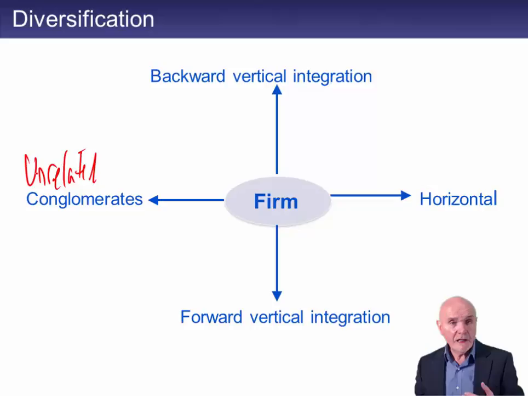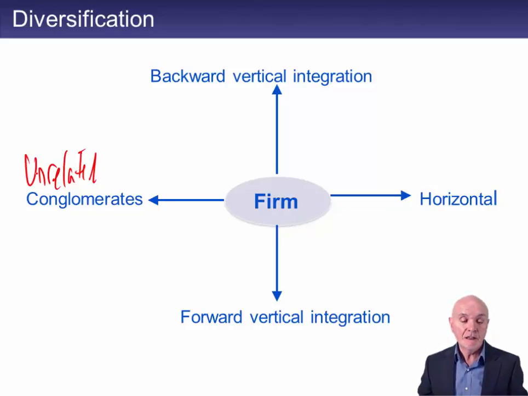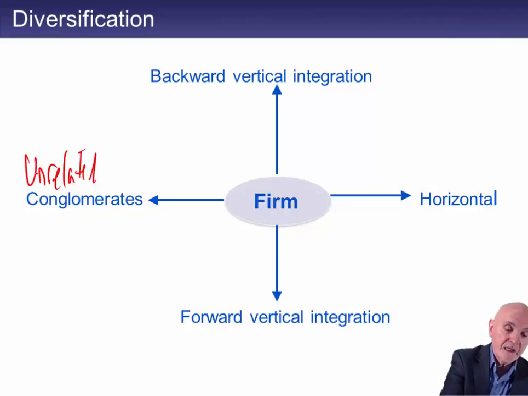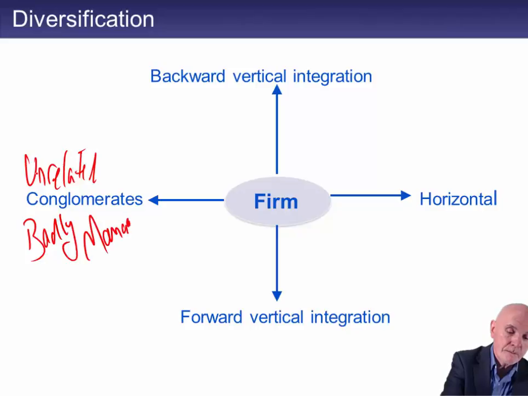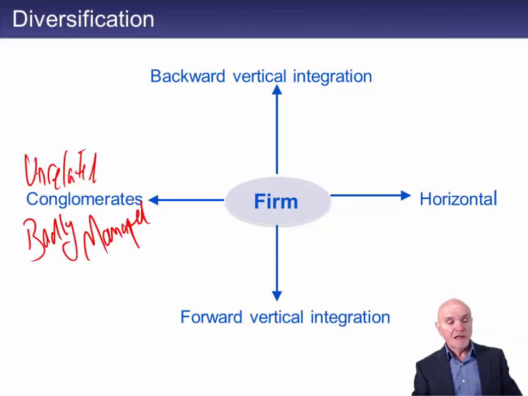The only real justification ever for conglomerate or unrelated diversification is where you find a company which is already badly managed. And you take it over and you chuck out the old managers and you bring in new professional managers. And you turn the company round, you increase its profits, and then you can sell it on at a profit.